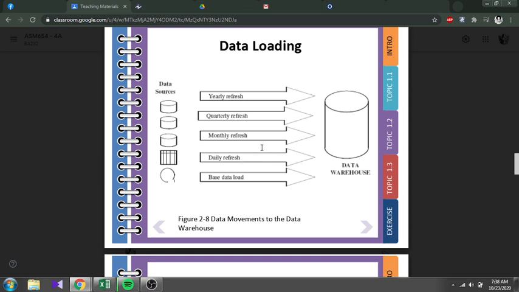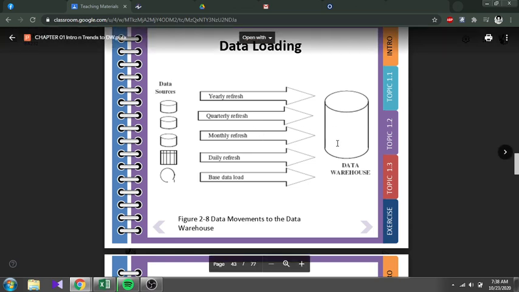Daily ada, that's why ada daily record, ada weekly, monthly, quarterly. Quarterly ni by year maksudnya setahun ada 12 bulan bagi dengan 4. So 3 bulan 3 bulan. Alright. And then of course yearly refresh. Dan semua simpan dalam data warehouse. Data tu as I said is not deleted. Dia just update data lama, dia simpan everything.